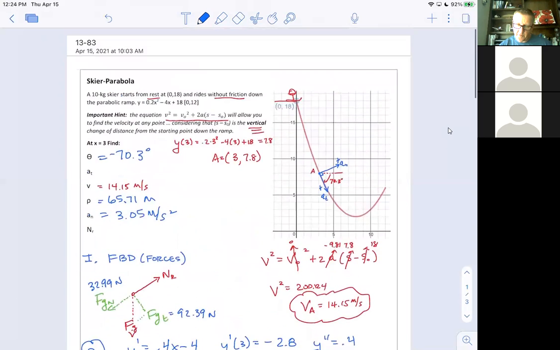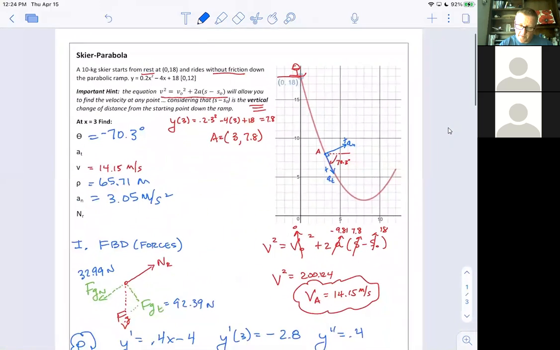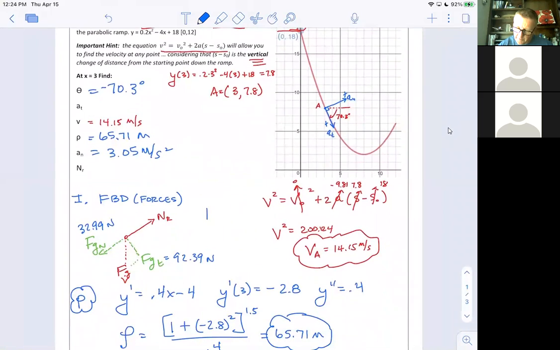And of course, the force of gravity itself is going to be 10 kilograms times 9.81, so that'd be 98.1. So 98.1 times the cosine of 70.3, 98.1 times the sine of 70.3. That's where those two numbers are coming from.